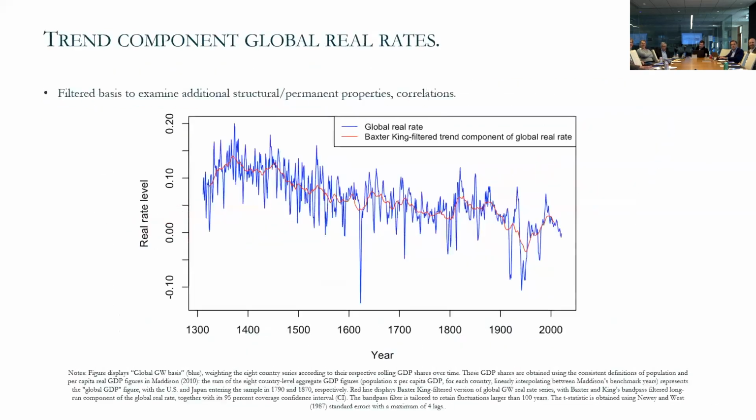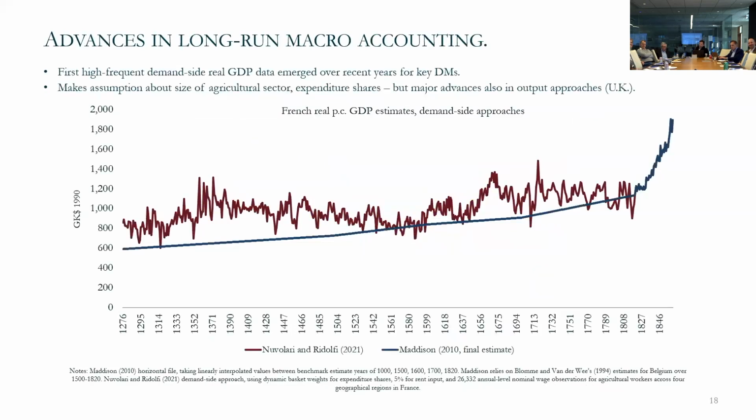Okay, one more point I want to make before that, and I think we have the time. So the second part, we try to utilize the dramatic advances that we've seen in recent years in long-run macro series and long-run macro accounting.